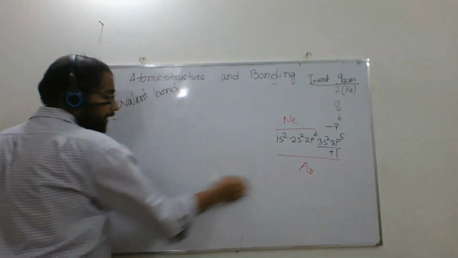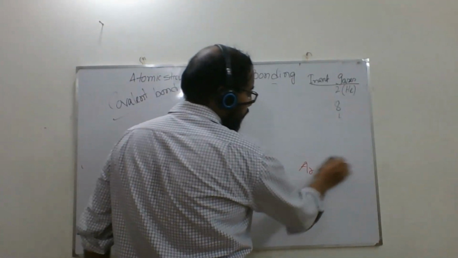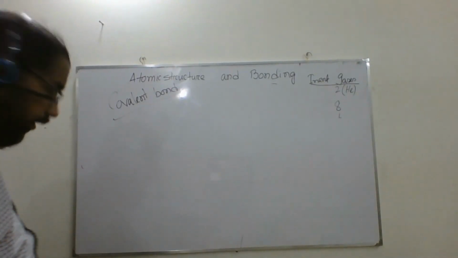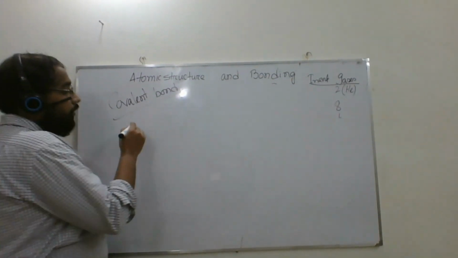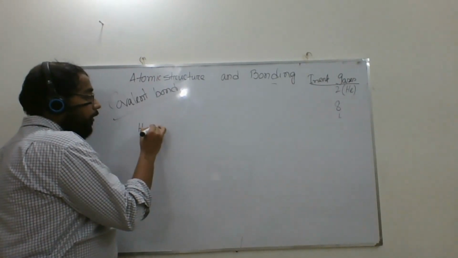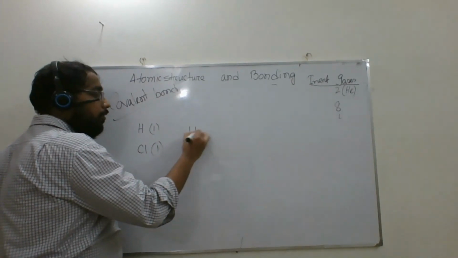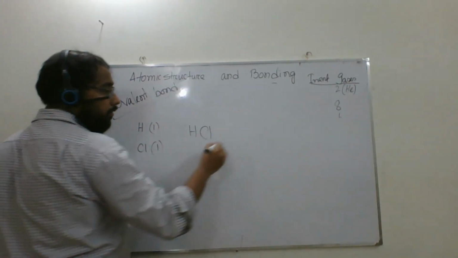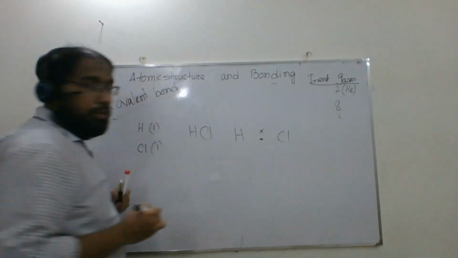One thing, we said that in covalent bond electrons are shared. Now if the electron is shared, suppose hydrogen shares one electron and chlorine shares one electron and they form hydrogen chloride, or we can write HCl.